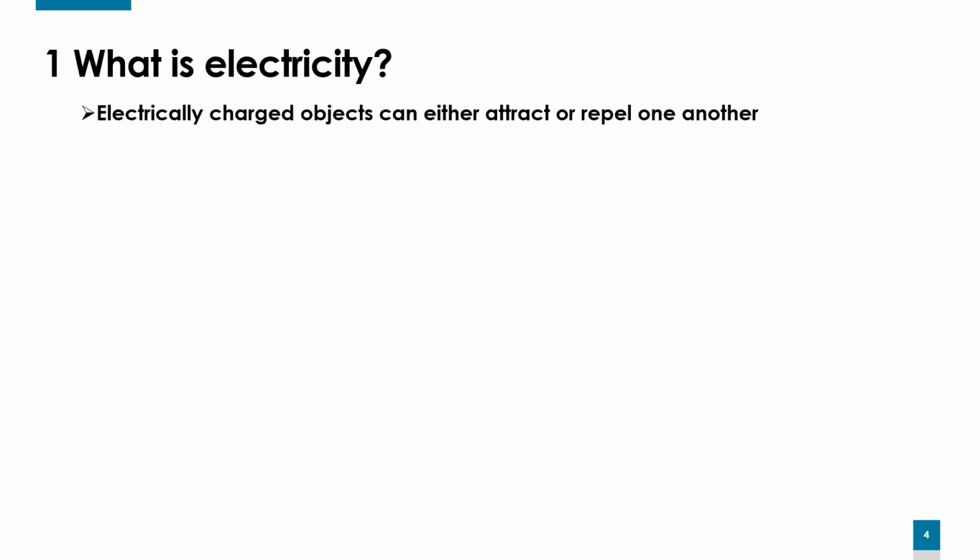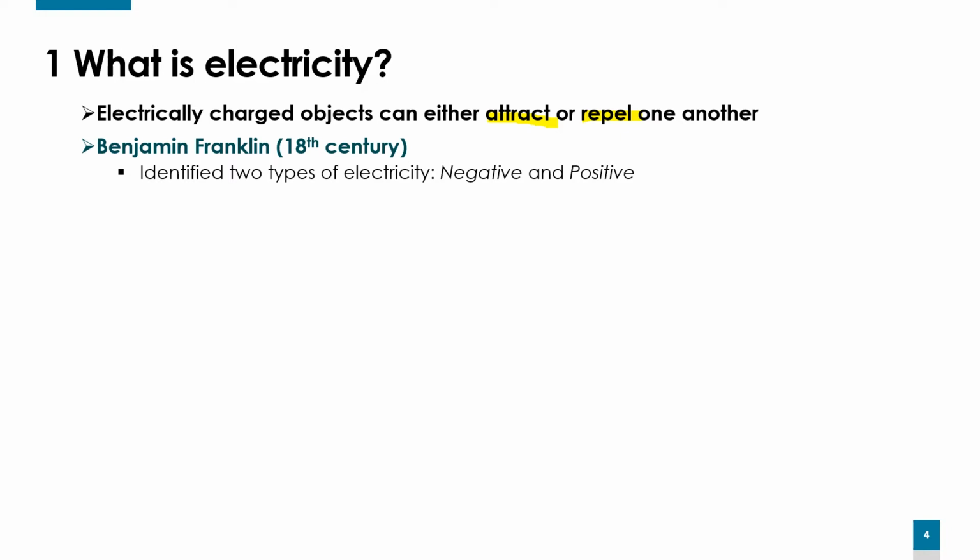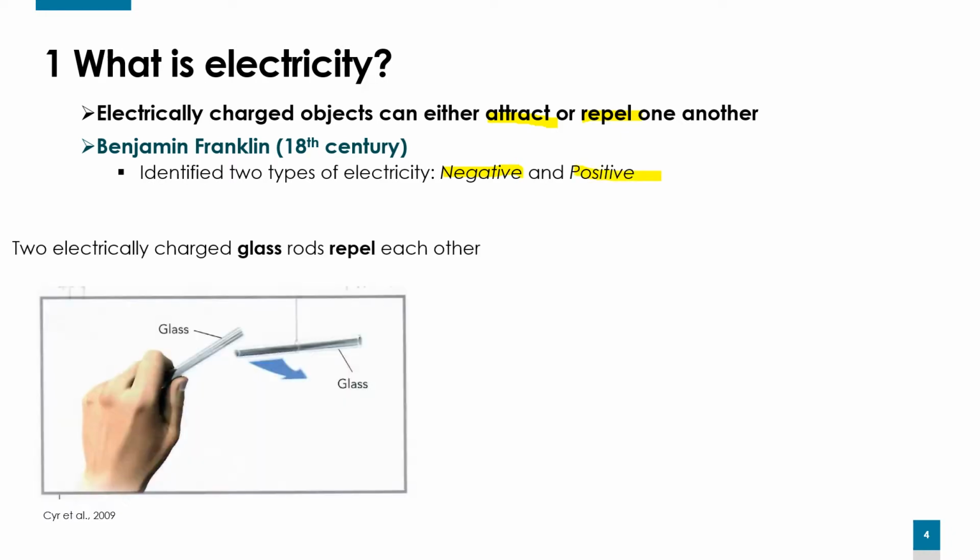Electrically charged objects can either attract or also repel one another, okay? So this is for attraction or repulsion. Benjamin Franklin in the 18th century identified two types of electricity, a negative and positive charge. By this experiment, when they rub two glass rods together, they repel each other.